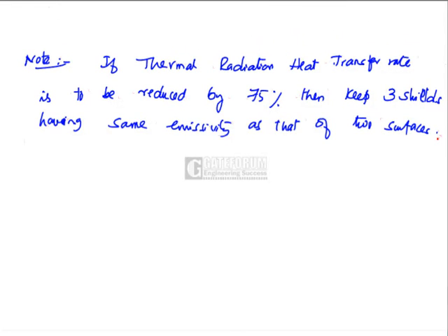If we keep two shields, then the radiation heat transfer rate will reduce by 66.6%, because Q with shields is equal to 1 by (n plus 1) Q without shields, where n is the number of shields kept. Now I shall do a small problem on radiation shields.